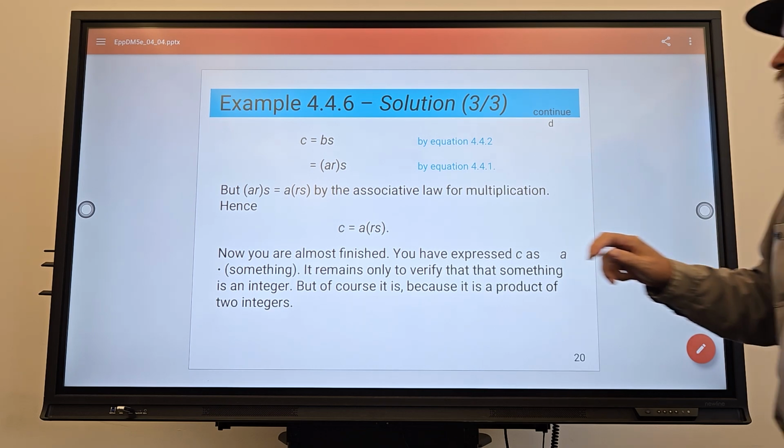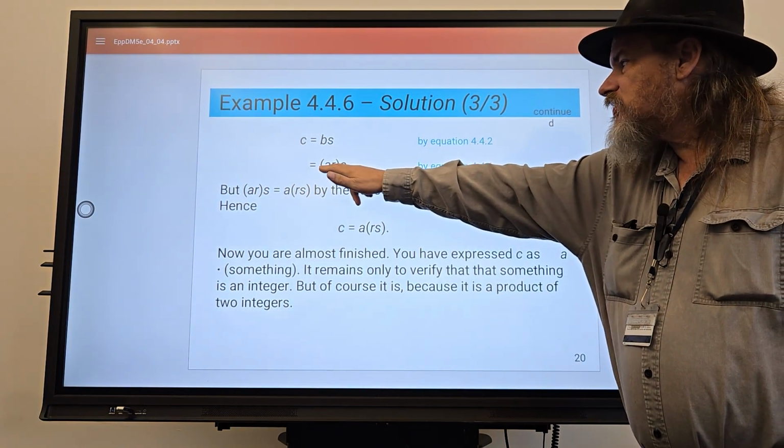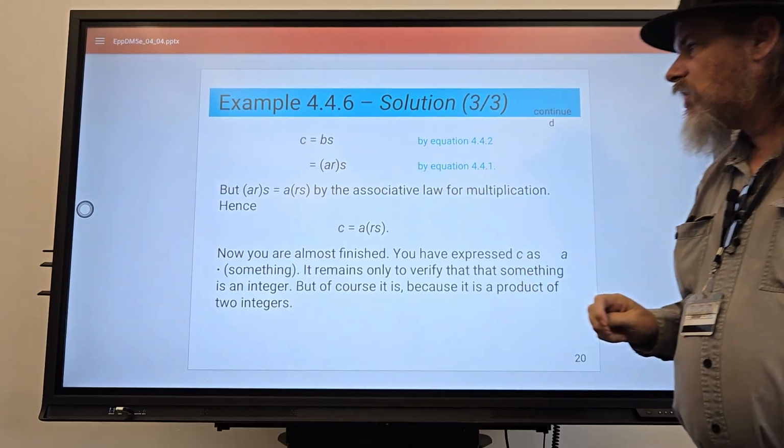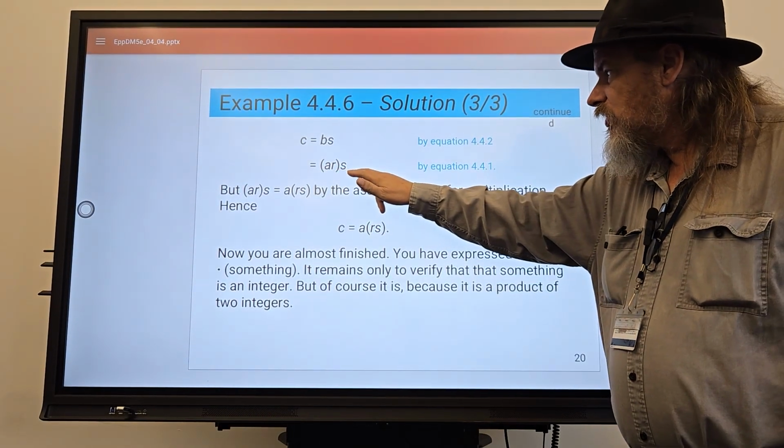C then is equal to b times s. Substitute ar for b, and you get c equals (ar) times s.